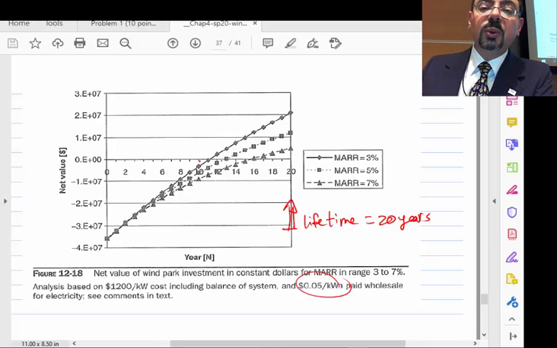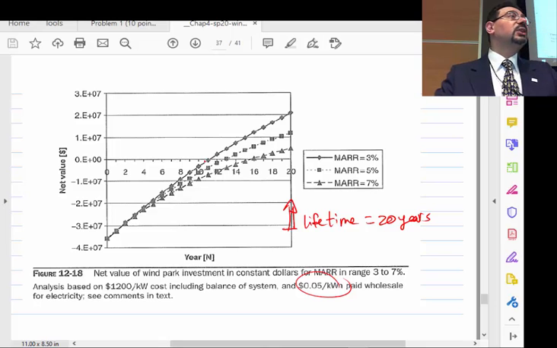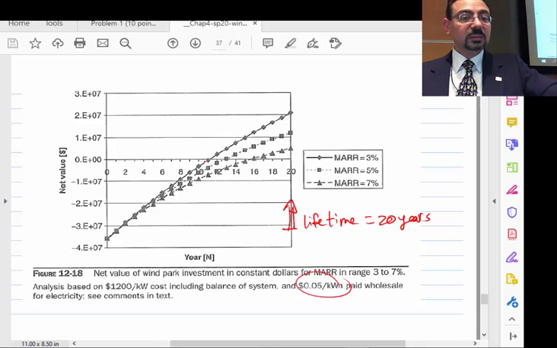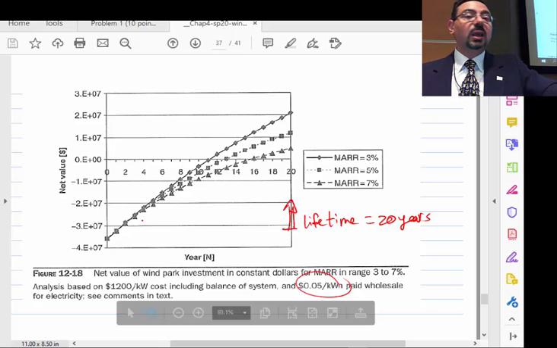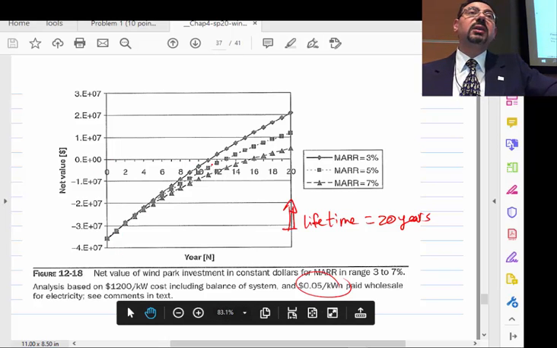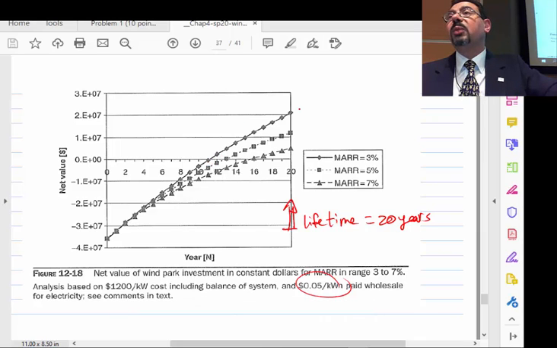So it will take about 8 years or 9 years, here in this graph 10 years, to pay back the initial investment. The problem with wind turbines is that you pay upfront for everything, and you don't get your money back until, say, 12 years, and after that you will make more money. So it takes a lot of initial investment before you can make your money.